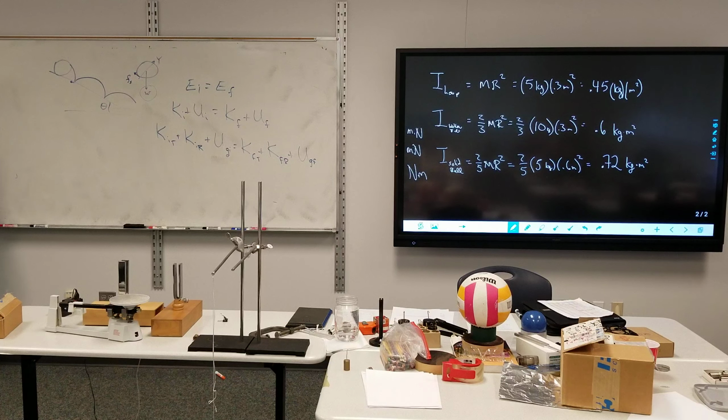Anything else going to be equal to 0? The final potential. Why? Because it's at the bottom of the ramp. Because I said so. You can set potential to be 0 wherever is convenient, and so apparently Chloe wants to set it there.